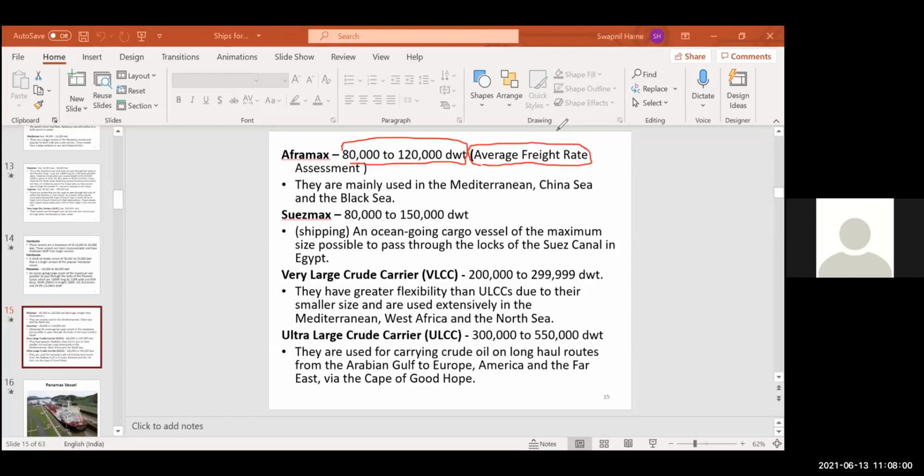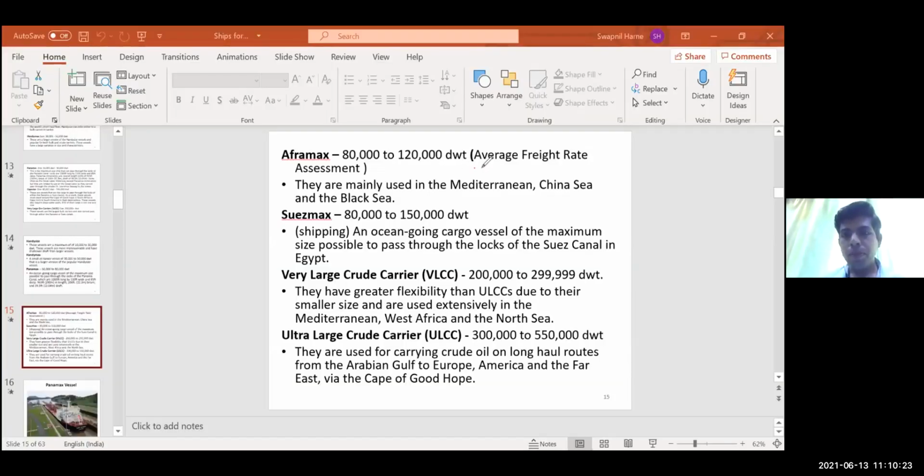Let me stop my talking about the Aframax. Okay, Aframax tanker average freight rate assessment. Basically, depending upon the market condition, if you think that the market will become expensive, you try to hedge the freight rates for the next 2 months, 3 months.